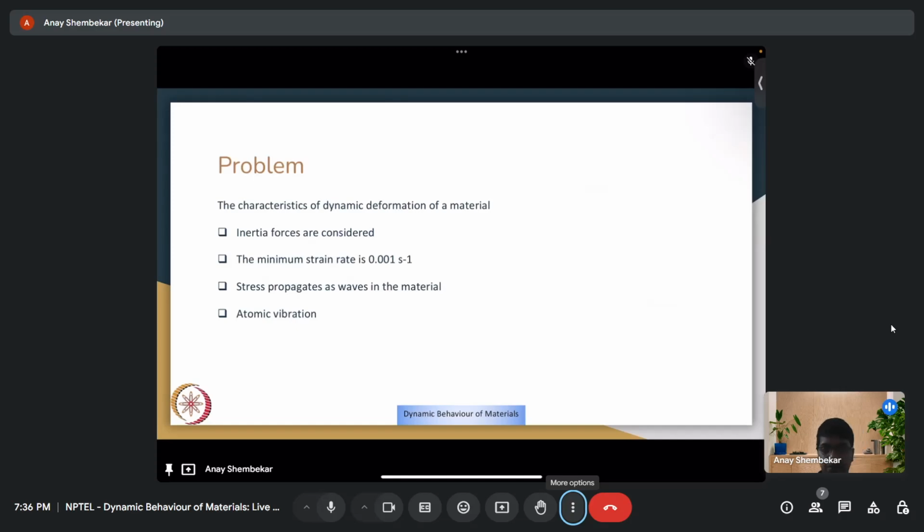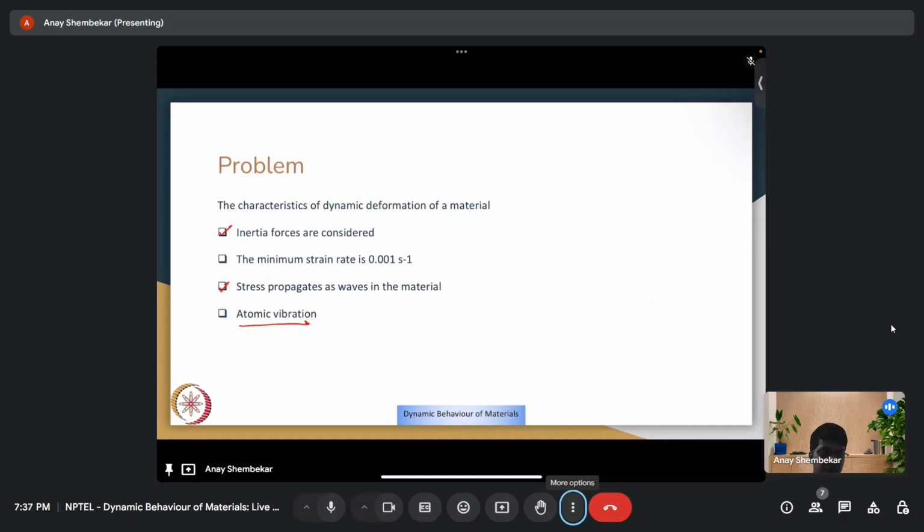What are the important characteristics in dynamic deformation? As we have already talked about, inertia forces are necessary, and we also have stress propagating as waves in the material. Whatever disturbance we apply will cause some stress, which will cause the material to move ahead. Atomic vibration is basically underlying any material above absolute zero temperature.